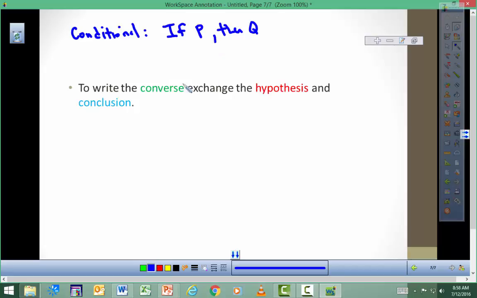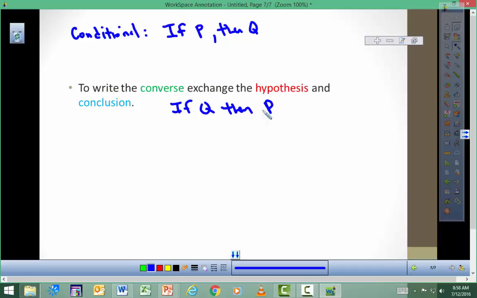If P, then Q. So the converse just switches the hypothesis and the conclusion. So in this case, we'd write if Q, then P.